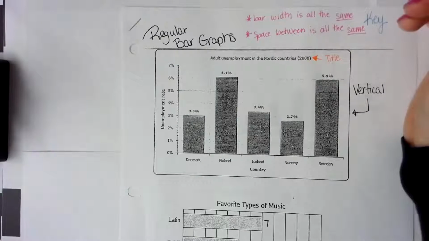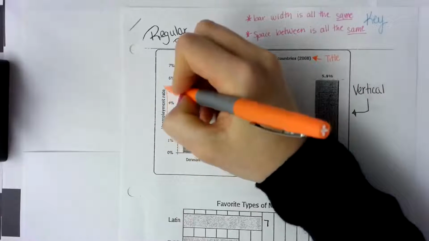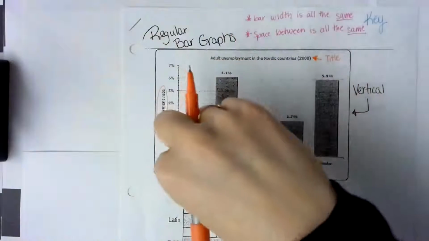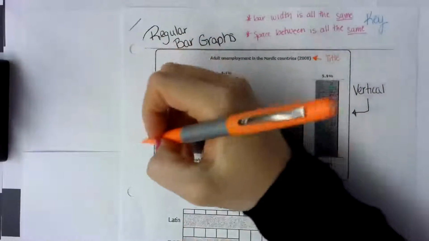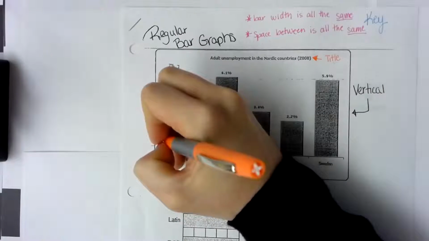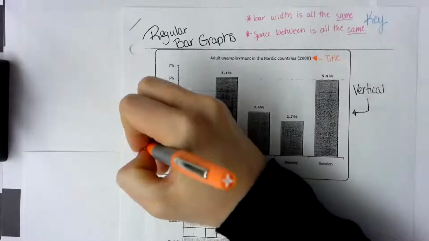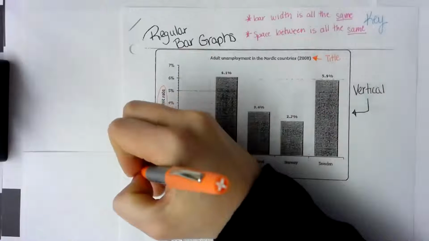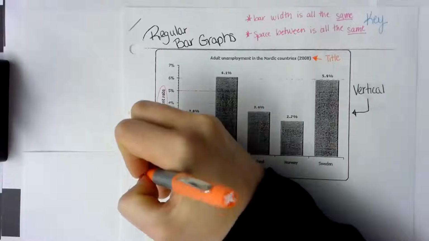Okay, so then over here, you have to label both your vertical and your horizontal axis. So this label is what your number represents.